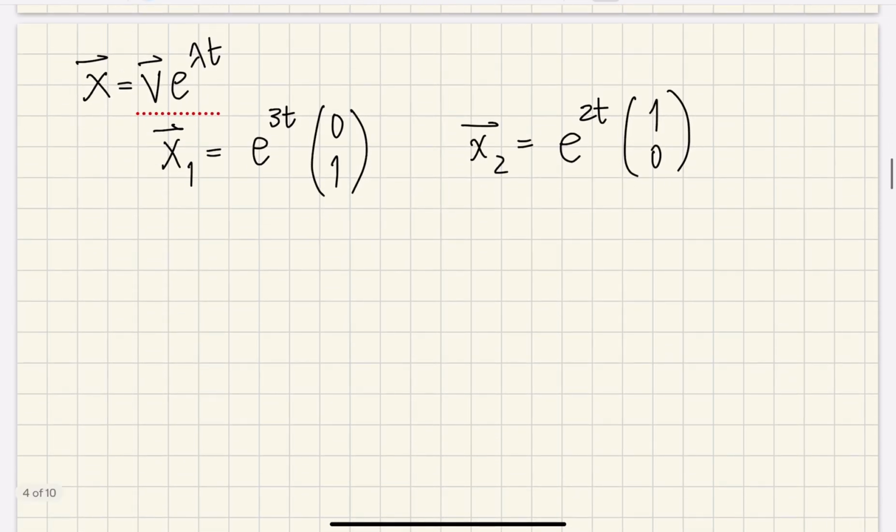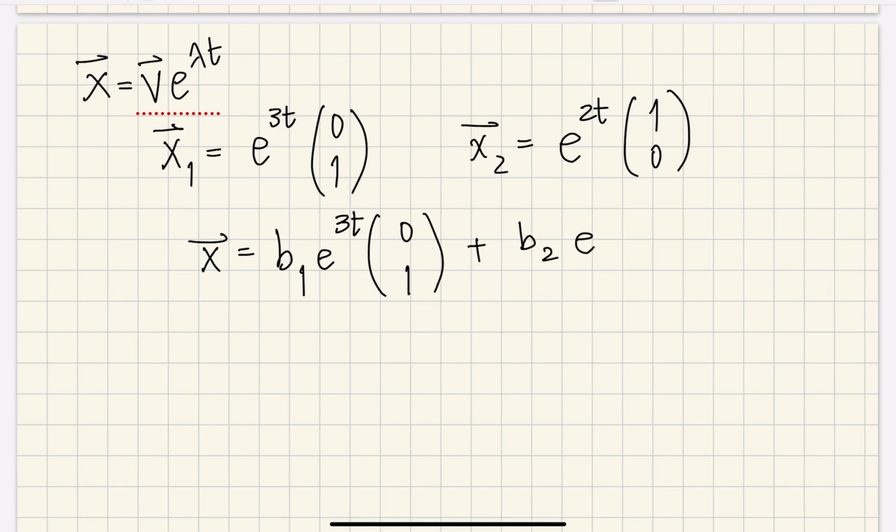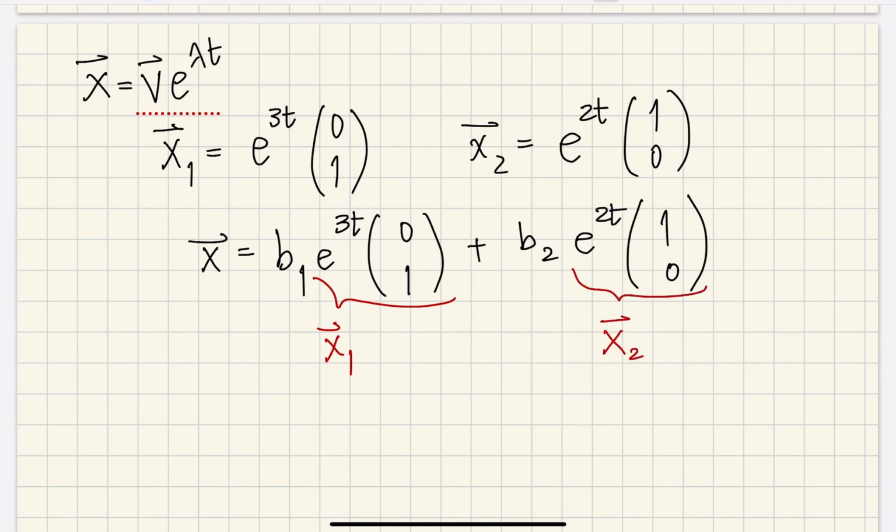So the solution becomes b1 e to the 3t [0, 1] plus b2 e to the 2t [1, 0], where this is x1 and this is x2. So it's the same as b1 x1 of t plus b2 x2 of t, which we said is the form of the general solution.